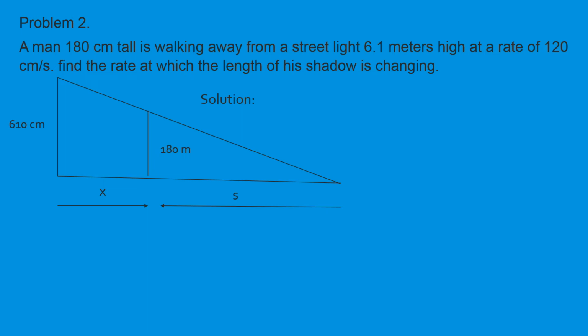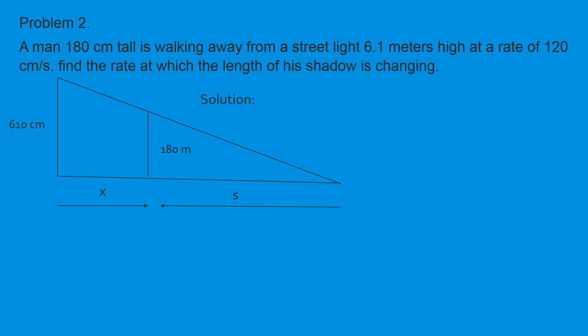As we observe in this figure, this is referring to two similar triangles, the bigger one and the smaller one. We know that the property of similar triangles is that all angles are congruent, but the lengths of their corresponding sides are in proportion.